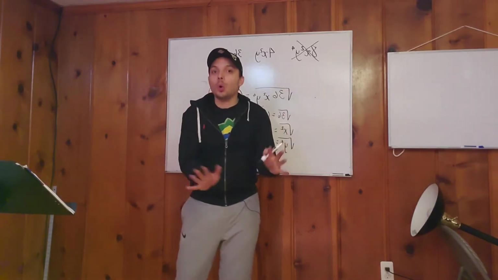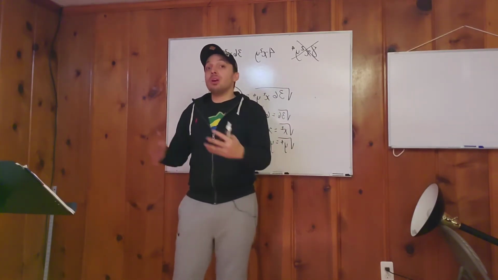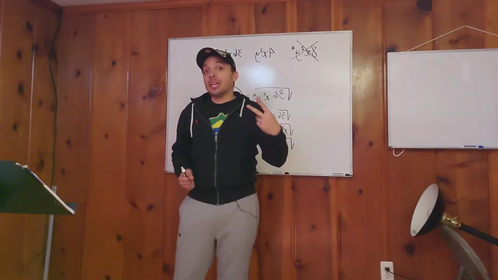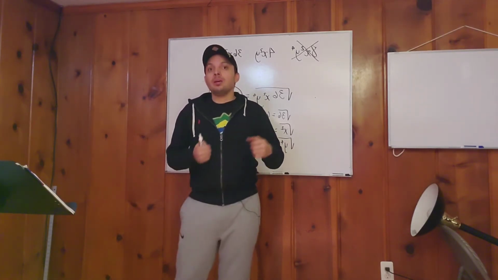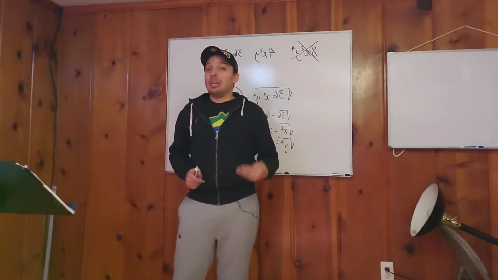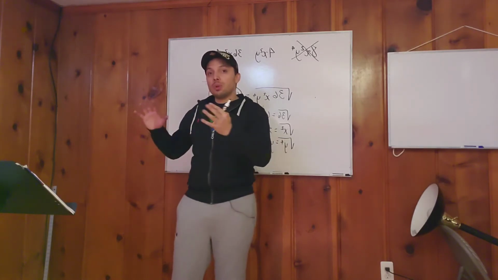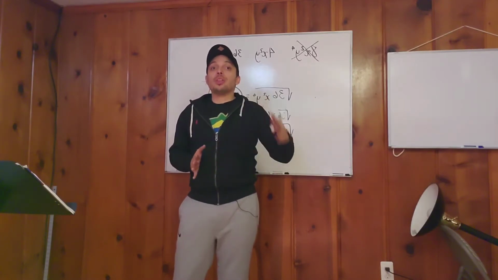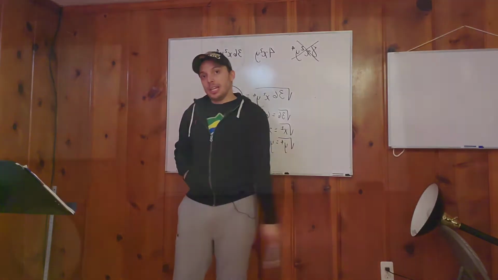I could explain all I want and show you amazing examples, but if you don't know your formulas, and by your formulas, I mean perimeter and area of squares, triangles, rectangles, circles, you're going to be in a lot of trouble. So you have to know them, okay? I will remind you of the ones that we're going to go over, but understand there's other things that you have to know, okay? So let's dive into the lesson.